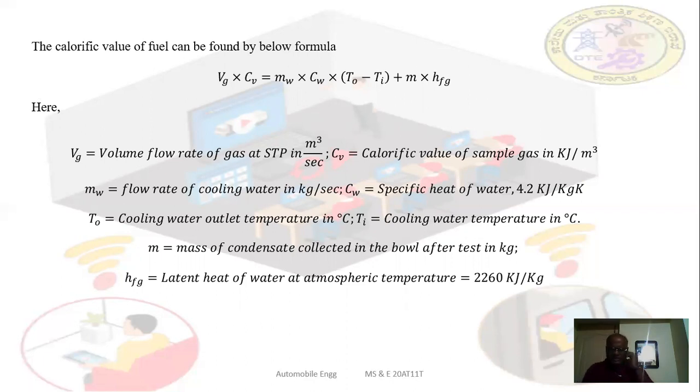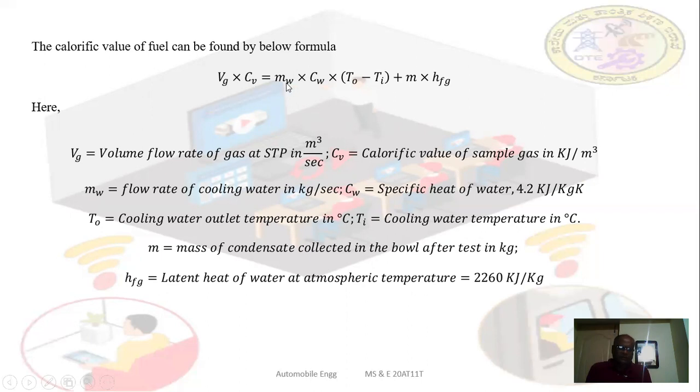That is the latent heat of the water at atmospheric temperature. It is a constant. The latent heat of the water is 2260 kilojoules per kg.